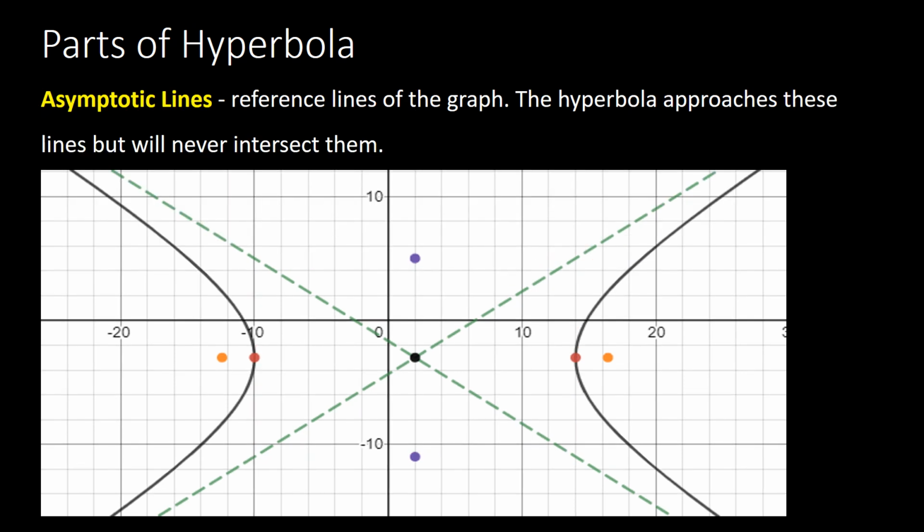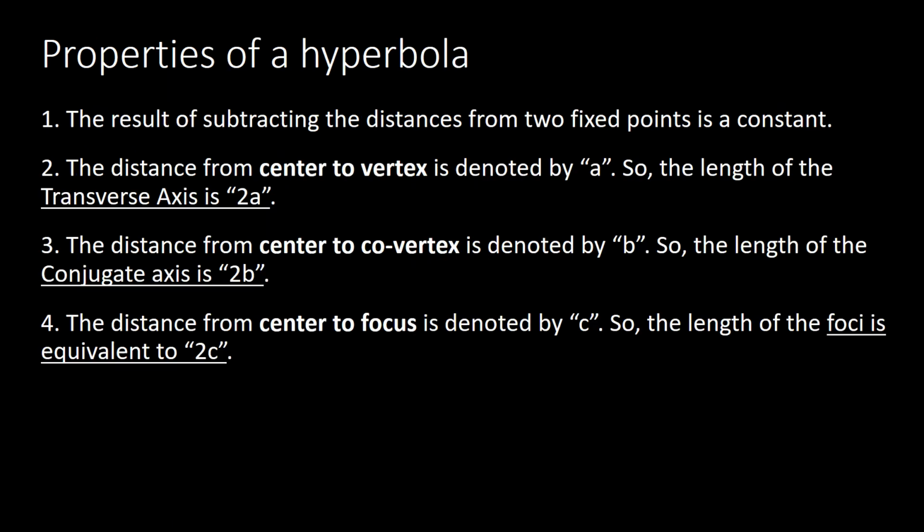As I mentioned before, the asymptotic lines serve as the diagonals of our reference rectangle. Later on, I'll be showing that in another video. The hyperbola approaches these lines but will never intersect them, because they are asymptotic. They never touch that particular reference line.